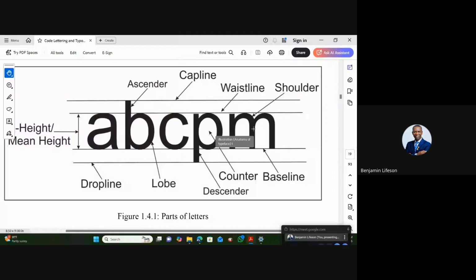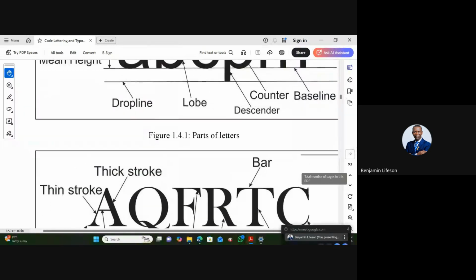P, J, T, they all touch the drop line. So these are the lines that we have: the drop line, the baseline, the waistline, the cap line, and the X height or mean height. So that is what we would look at.